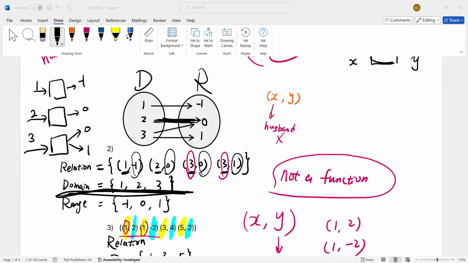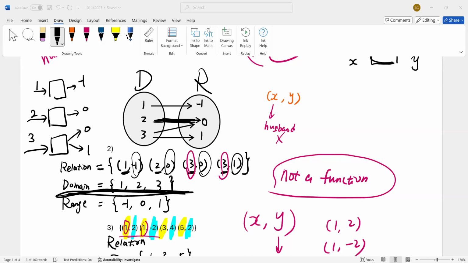Okay, let me redo this part. So this example gives a relation, but the relation is not a function. Remember, we identify the cheating husband, right? 3 is the cheating husband. And I use a different perspective to show it is not a function. Because if we describe this relation as a machine, the machine will produce two different outputs for the given input 3.